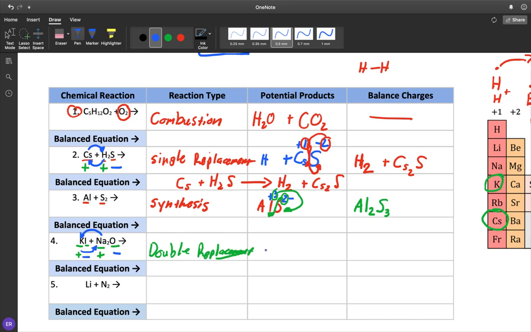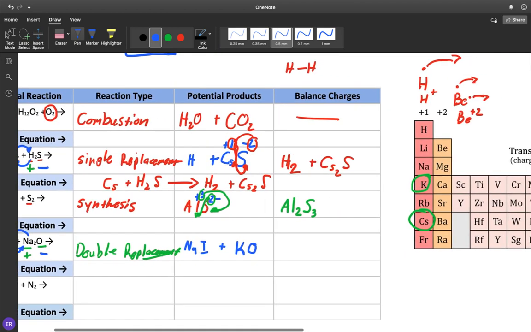So when we write it out, let's go ahead and start with Na ends up with I plus K ends up with O. Okay, so these are potential products because we're just putting them together. Now that we put the elements together, which ones go together?